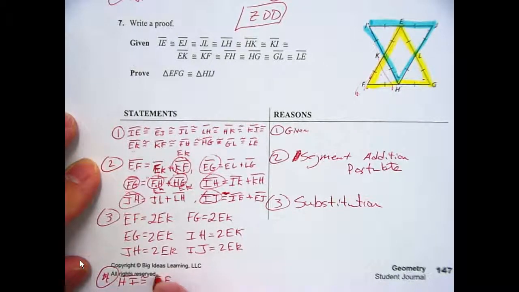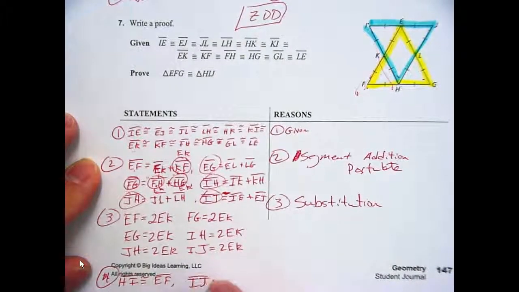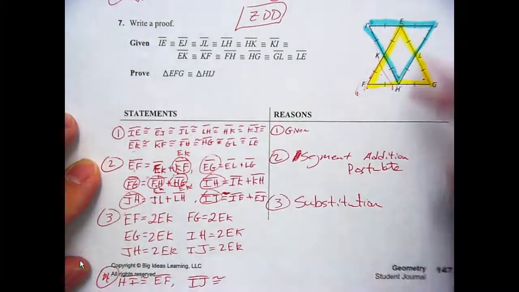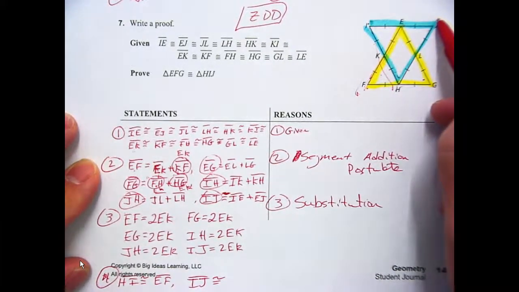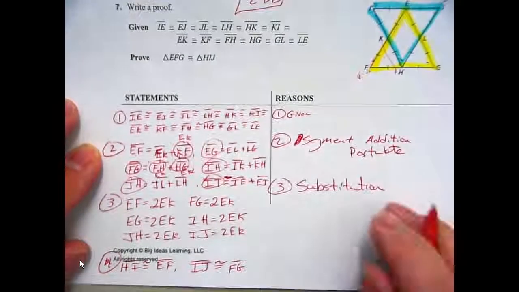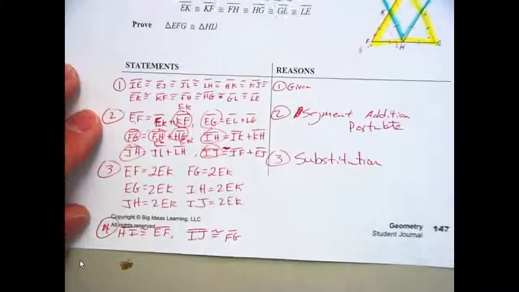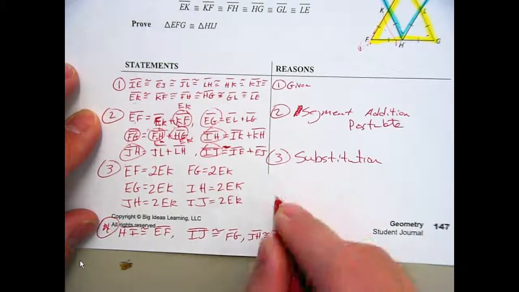I could say IJ is congruent to, so this guy right here is congruent to FG. And I could say that JH is congruent to GE. All of those are by transitive property.